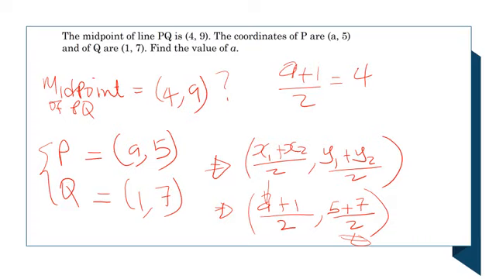So we make a the subject of the formula. So a plus 1 will be equal to 8, which means a will be equal to 7. So in this case, P will be equal to 7, 5.